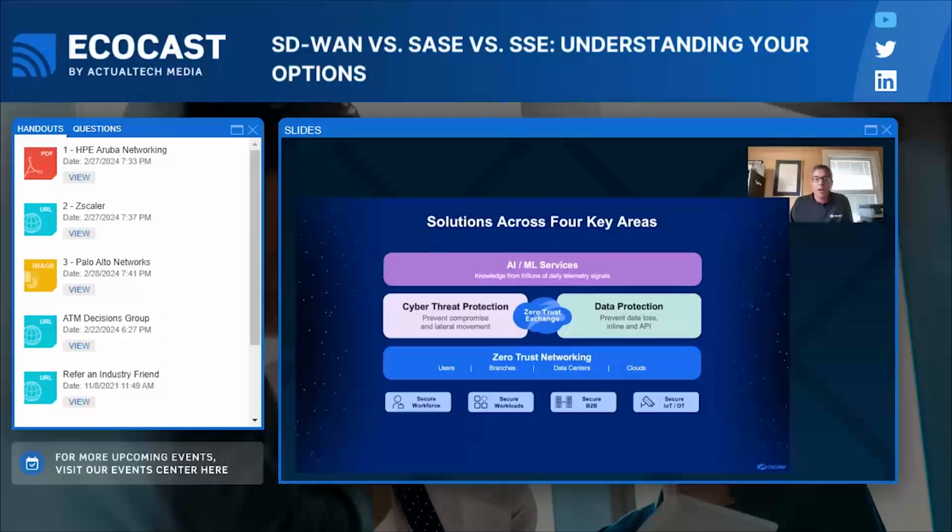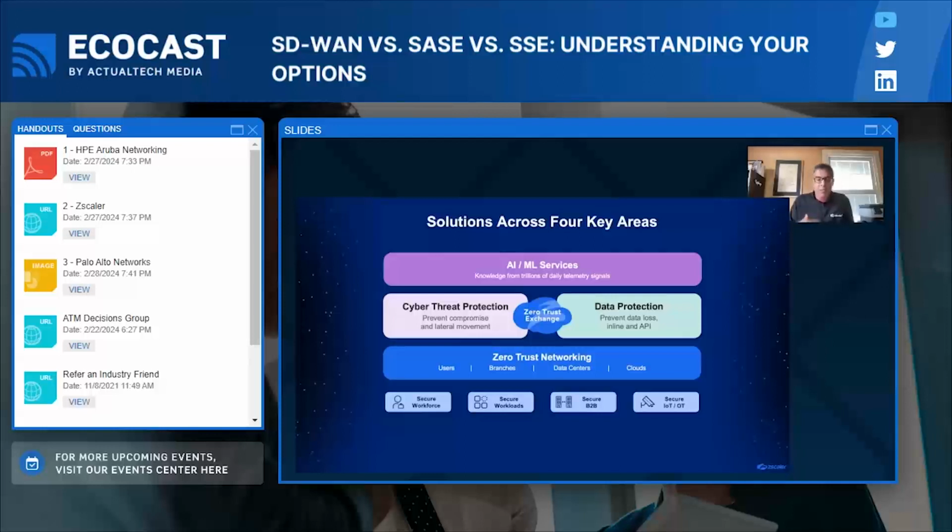Now, one of the benefits of having this kind of SSE SASE platform that's collecting essentially trillions and trillions of signals is that you can actually glean a lot of knowledge from those signals. And this is where you'll see the use of AI/ML services on top of this SSE SASE platform in order to derive business insights or risk insights.